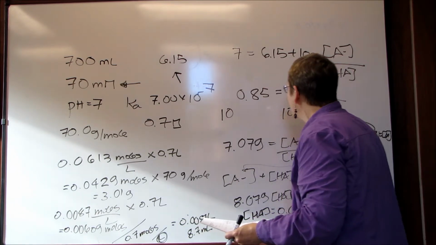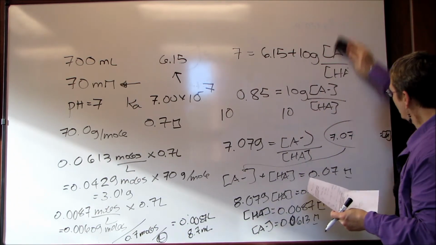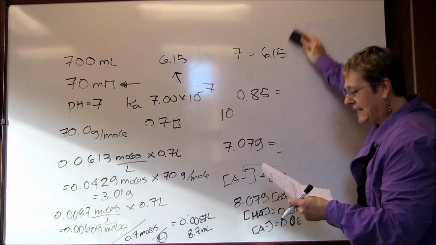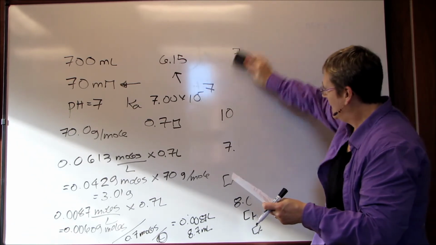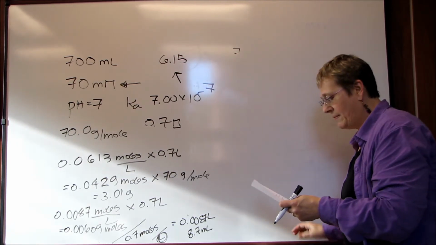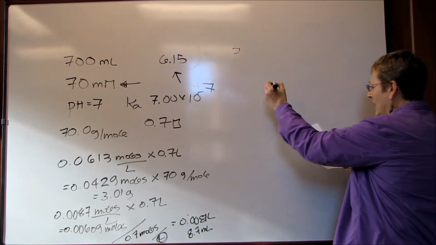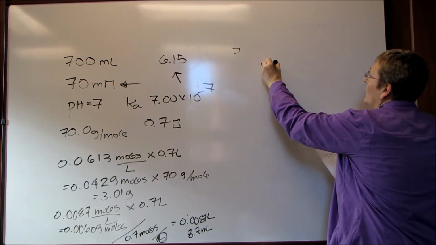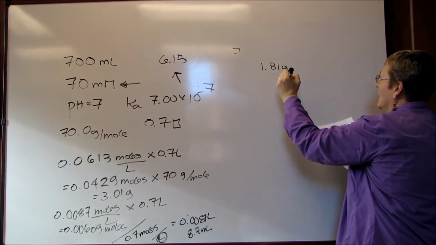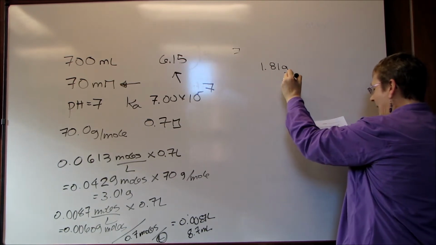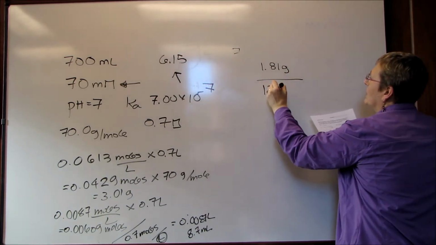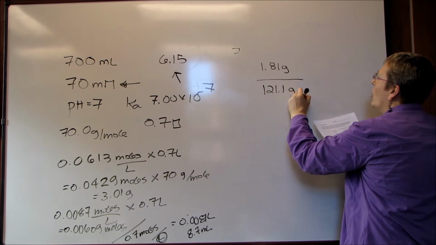The second part of this question was just a short one: figure out the pKa given the pH and the composition of the buffer. So you knew that you added 1.81 grams at 121.1 grams per mole.